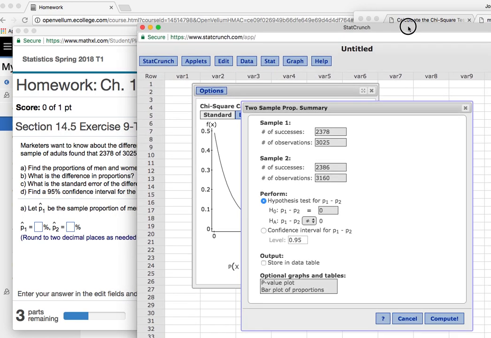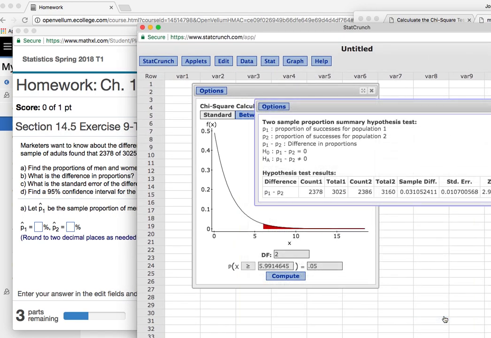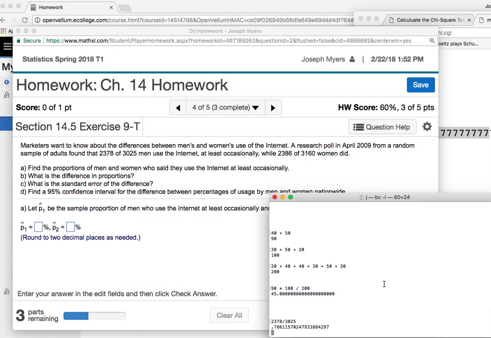Okay, so if I do this compute, oh, okay, well, it actually didn't tell me what the individual proportions were, so that was a waste of time.